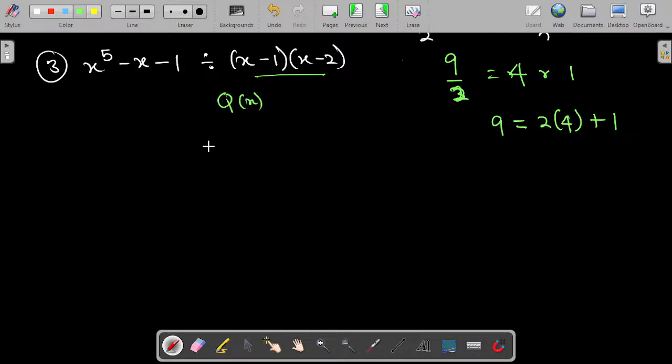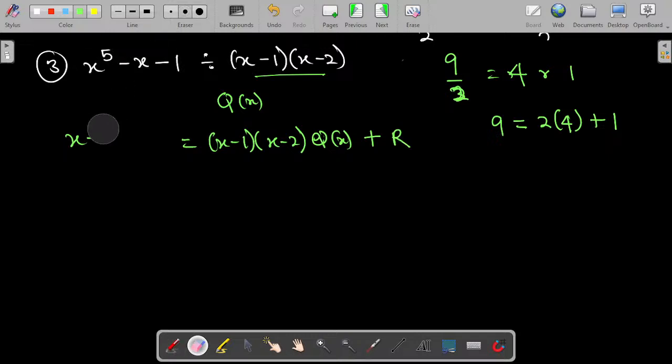What it means is that if I multiply my divisor, which is x minus 1 times x minus 2, by the quotient, and then add the remainder, it is going to give me back what I divided, which is x raised to power 5 minus x minus 1. So whenever you are given anything of this nature, you will always write it like this.